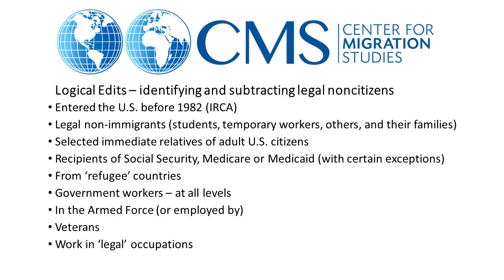If they worked for the U.S. government or actually the government at any level, or were in the armed forces or employed by the armed forces, or if they were veterans, we consider them to be legal residents. Now, the last category here, work in legal occupations. By legal occupation, we mean that these people work in occupations that are likely to be held by legal residents.